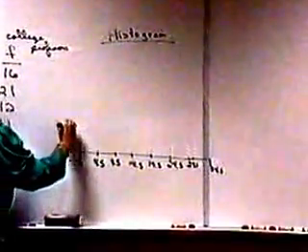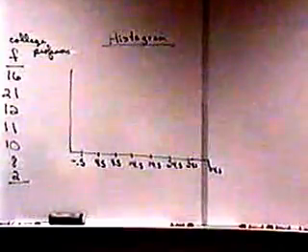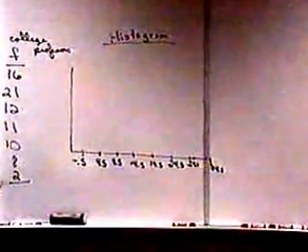Then up the side of the graph, the frequencies. The frequencies go all the way to 20. We have to make sure to mark up the 20.